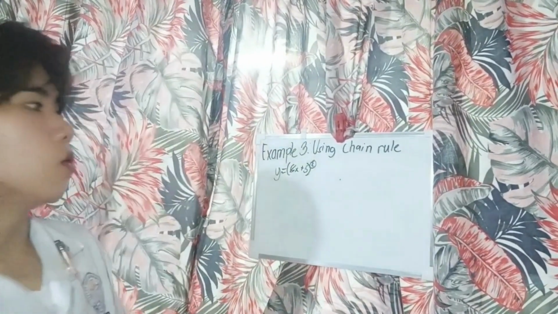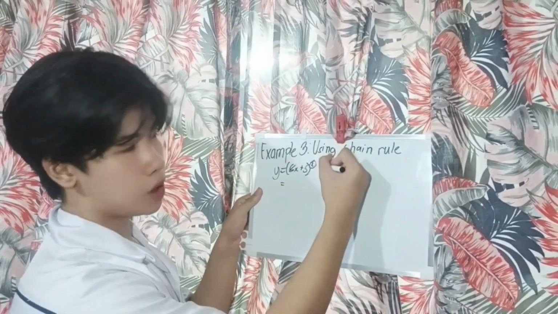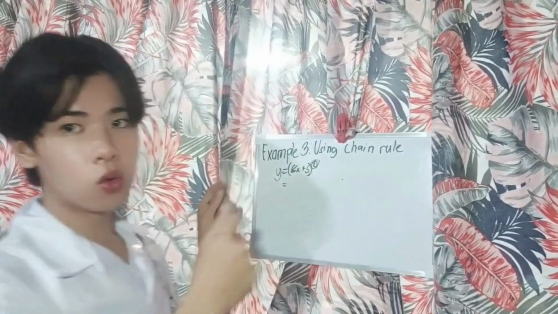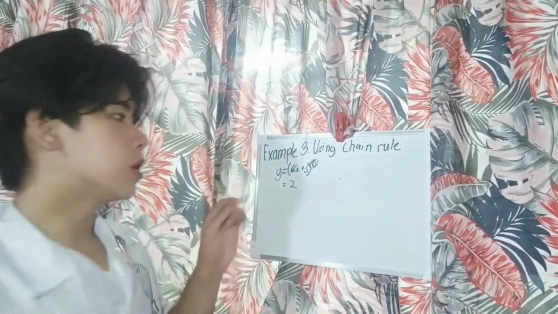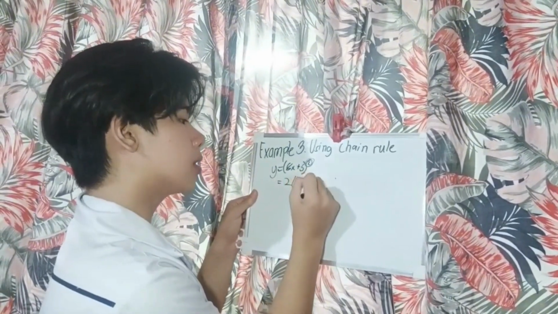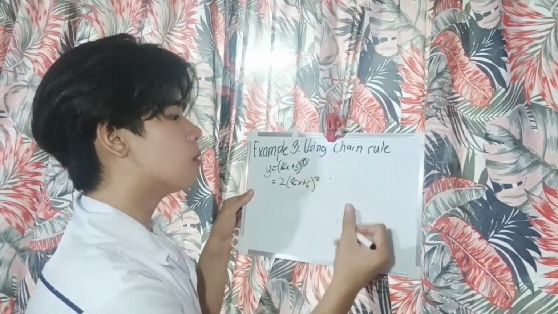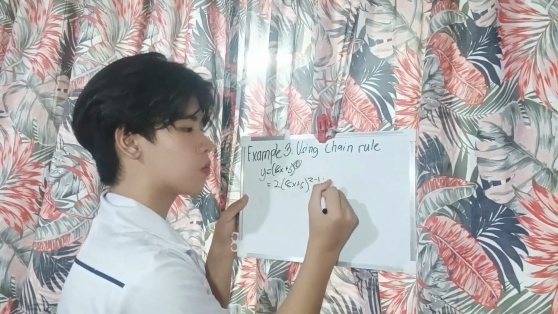Well, by using the chain rule, we first need to copy the exponent right here, 2, and then we put that up front. And then we just need to copy 8x plus 5, then 2 again, but we need to subtract this by 1.